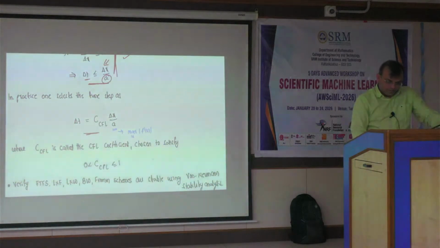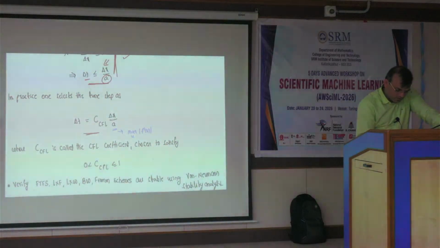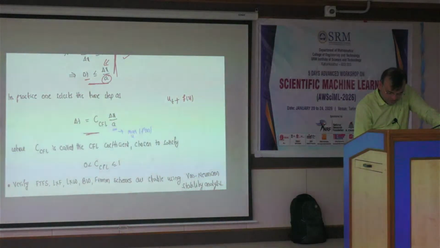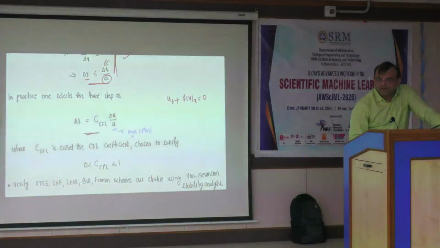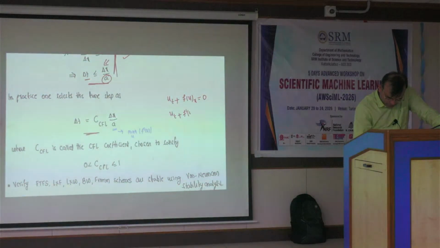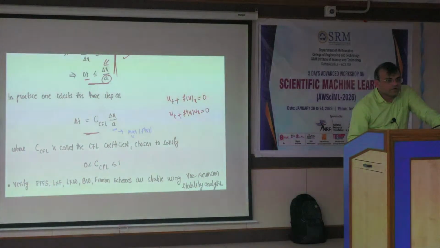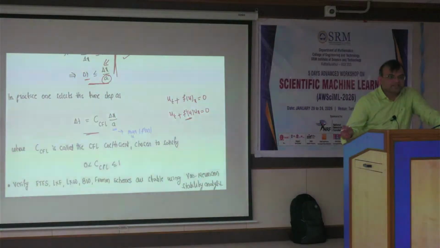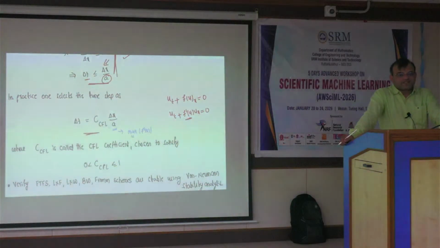For example, I can talk about a generalized function, u_t plus f of u_x equals 0. If I write down the inviscid form, f dash of u into u_x equals 0, whenever f is at least a C1 function. Now instead of a, this is the quantity: f dash depends on u, and u depends on x and t.